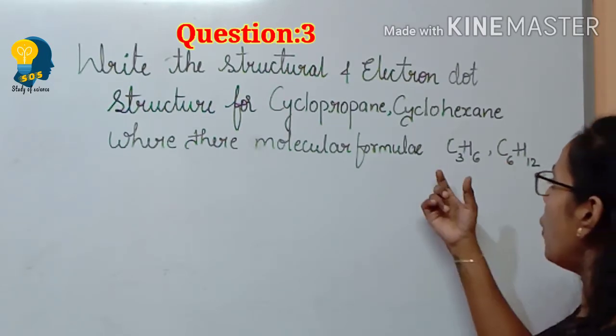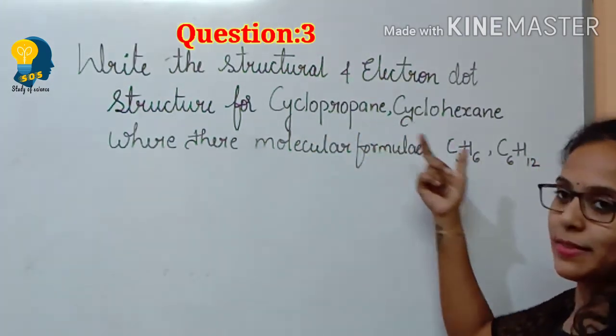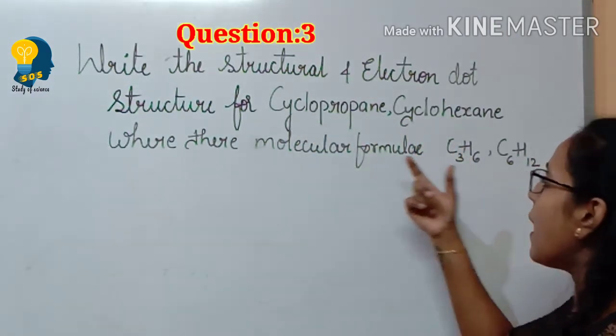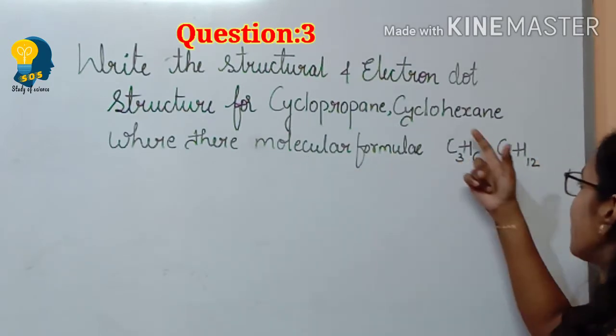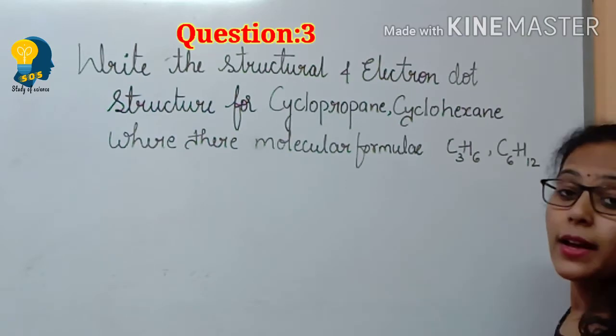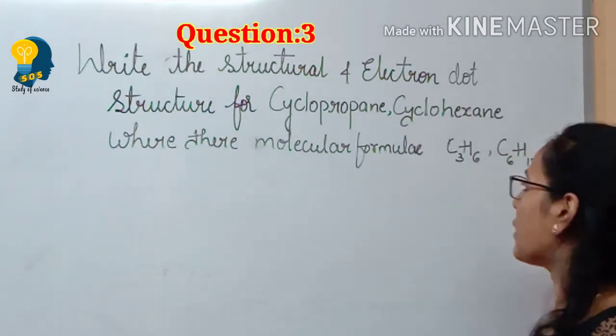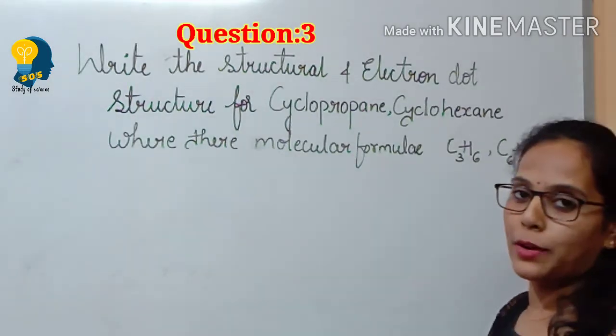That means the molecular formula of cyclopropane is C3H6, since prop means 3, right? And the molecular formula of cyclohexane, hex means 6, is C6H12. Now let us write their structural formula and the electron dot structure for these two hydrocarbons.